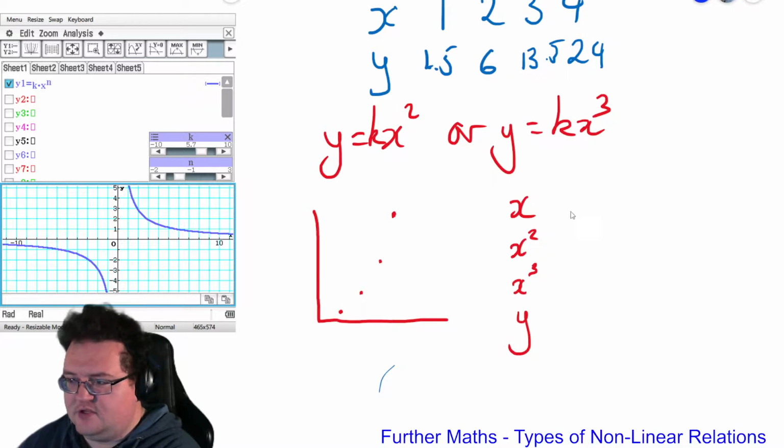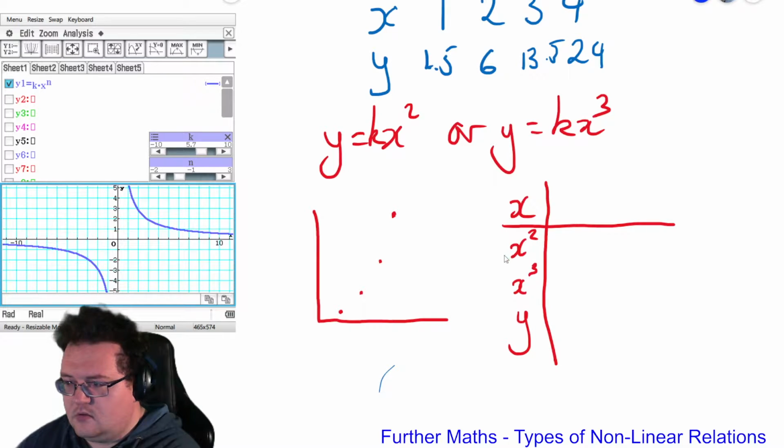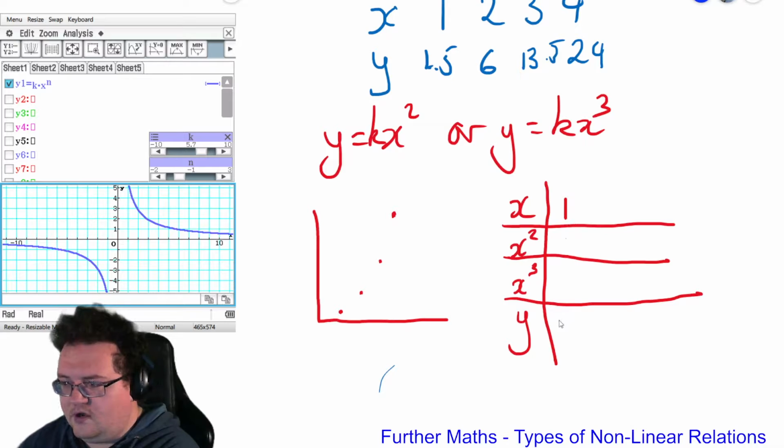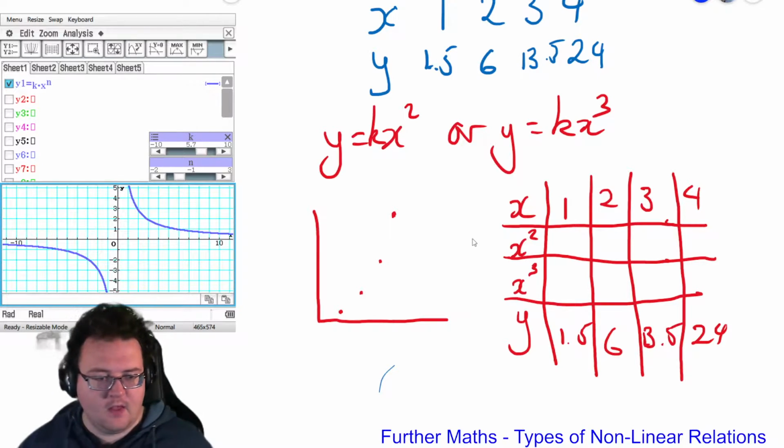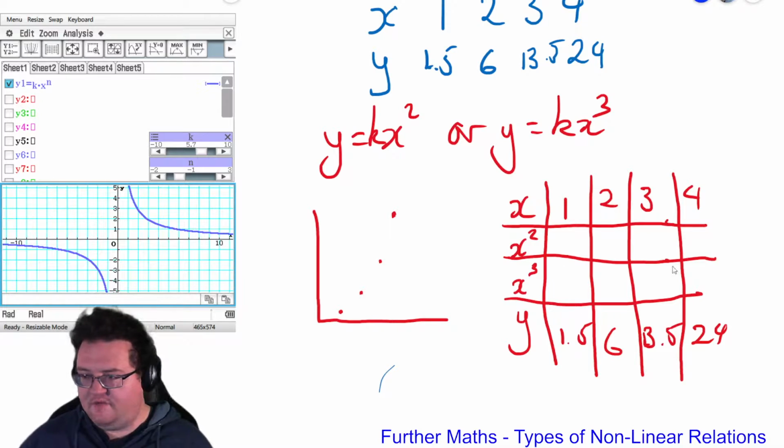And then we have our y values, still using the data that we have above us. 1, 1.5, 2, 3, 4. I have 24, 6, I have 13.5 here. So now I need to go in and fill in these values here.